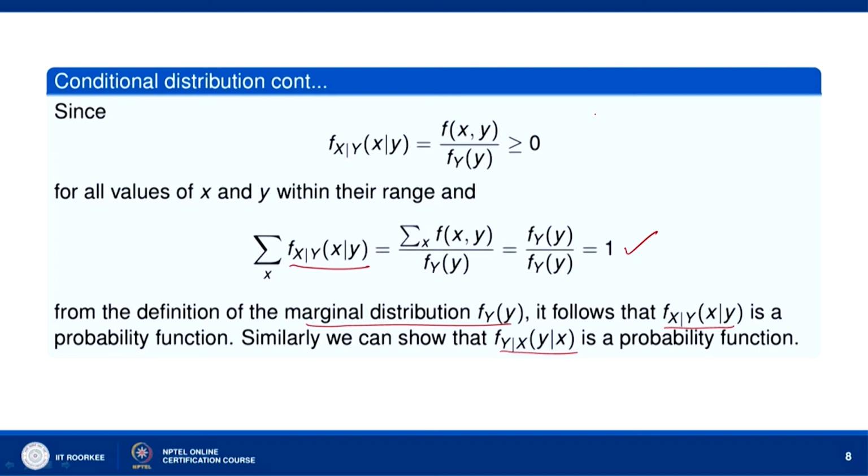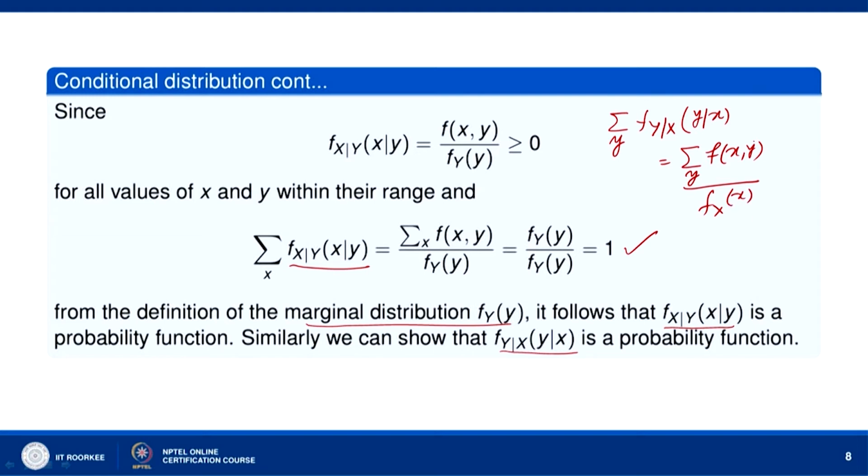If you want to show this, you sum over all y of f_{Y|X}(y|x), which equals the sum over y of f(x, y) divided by f_X(x).